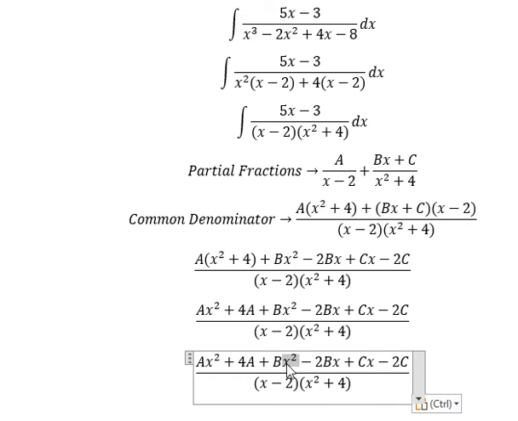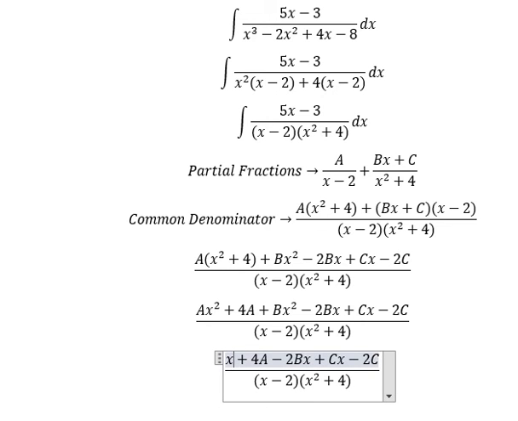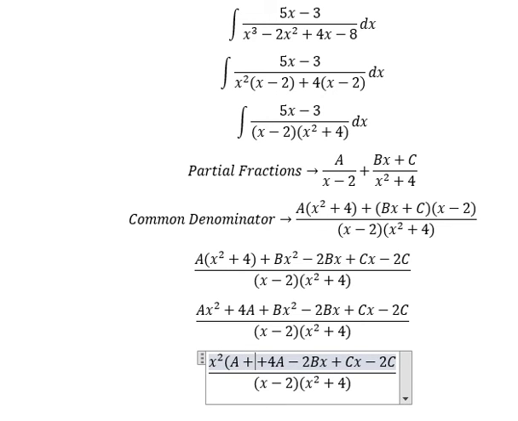About s squared, we have a and b. About s, we have negative 2b plus c. About the number, we have this one.